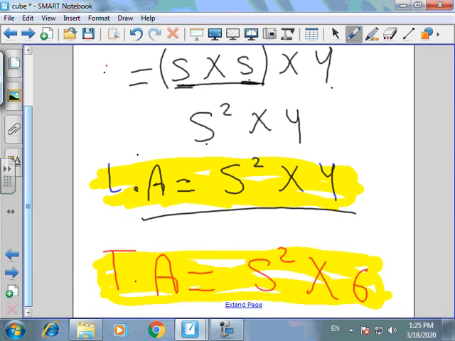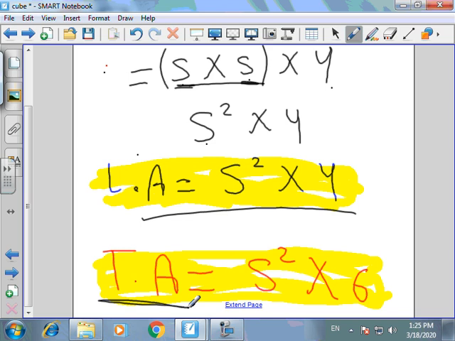Okay, what if I need to paint the whole room, with the ceiling and the floor, the same color? For example, I need to paint all of it white. How can I get the total area? Here is the total area, which is the 4 walls plus the ceiling and the floor.